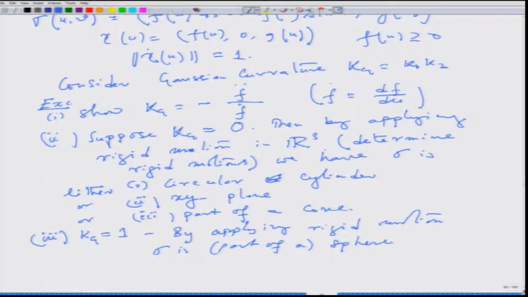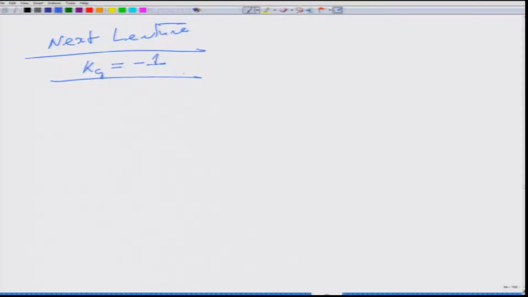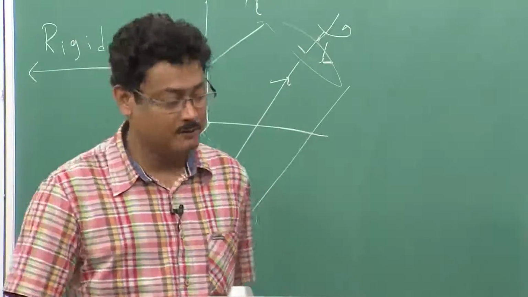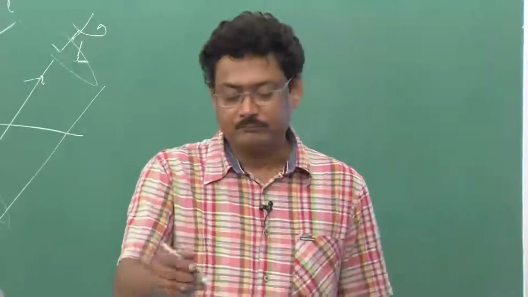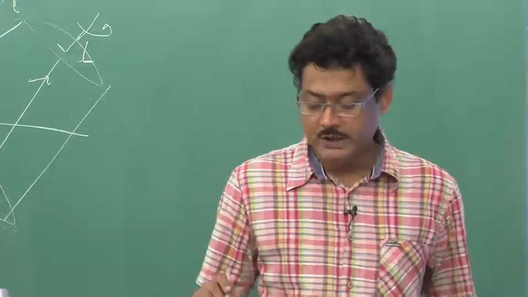And next lecture, so this is for next lecture. This is what I said, the beginning of a new geometry: we will consider the surface with constant negative Gaussian curvature, and we will see, in fact a prototype of such a surface, and try to calculate the geodesics on that surface.